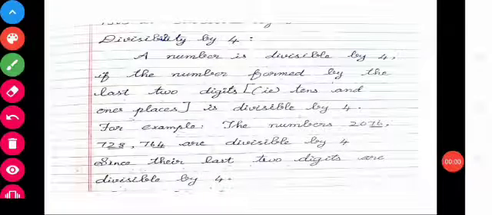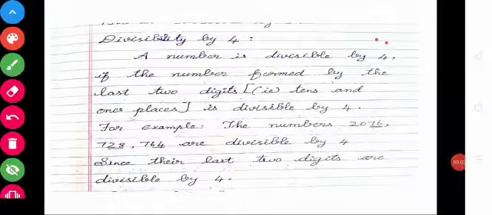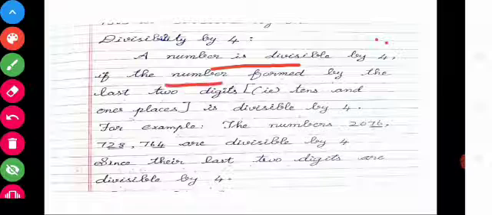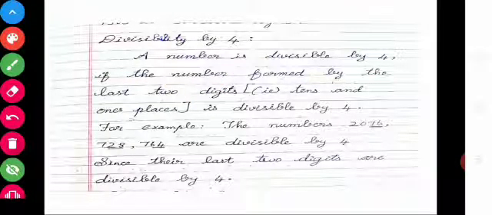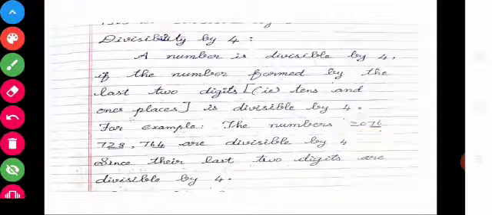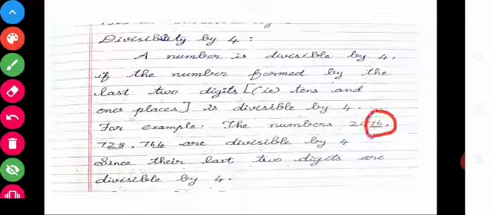Next one is divisibility by 4. A number is divisible by 4 if the number formed by the last two digits, that is tens and ones place, is divisible by 4. See the example, the number 2076, the last two digits. What is that? 76.